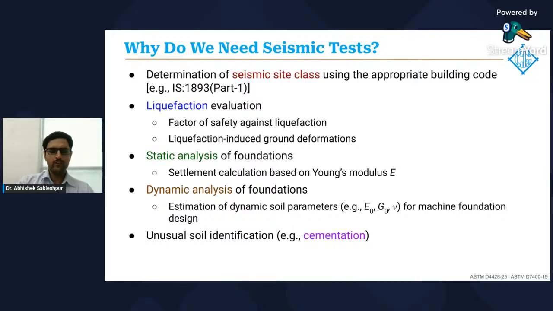And seismic tests are also useful for identification of cemented soils or soils with significant aging or microstructure, as we'll see in the following slides.